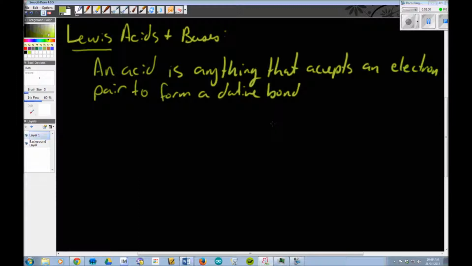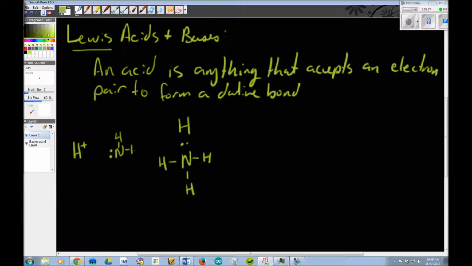Do you remember that? If we were going to talk about something acting as a Lewis acid, let's look at H plus. H plus is clearly something that's able to accept the pair of electrons in what's called a dative bond. It doesn't bring any of the electrons to the table itself.